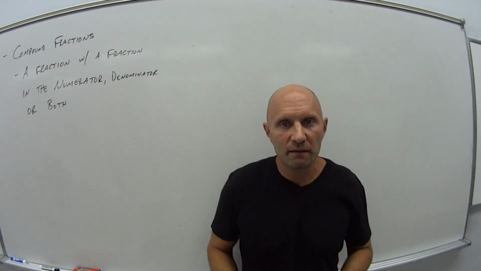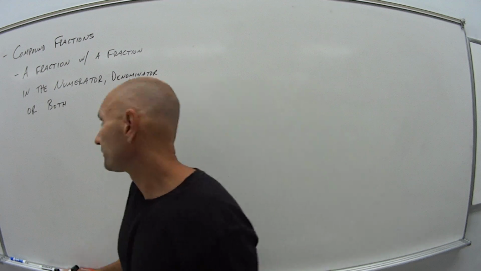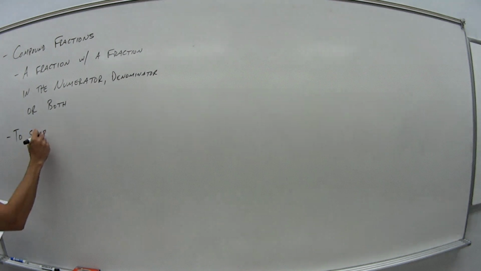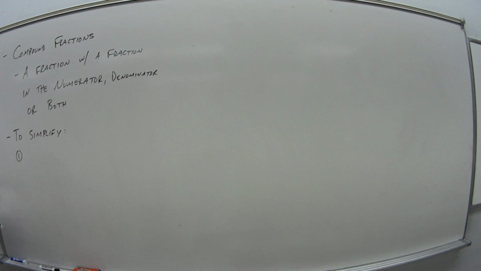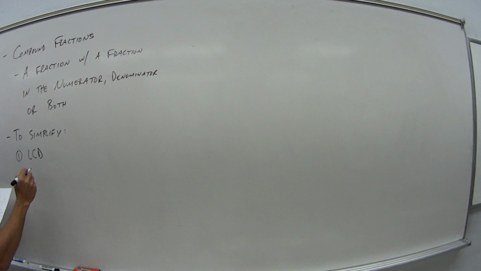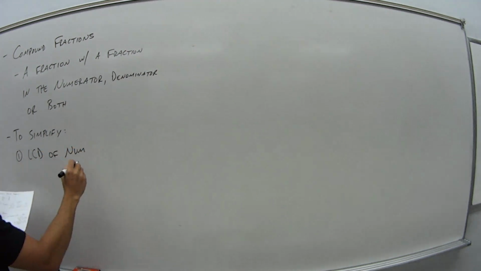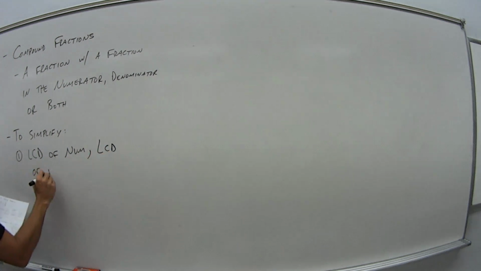To simplify these compound fractions, we have two options. Option 1 is find the LCD, the least common denominator of the numerator. Find the least common denominator of the denominator.